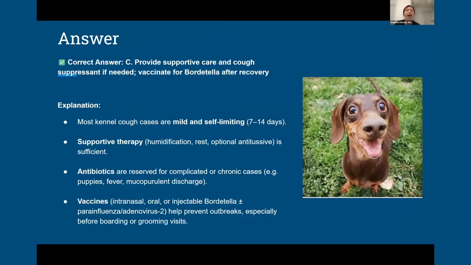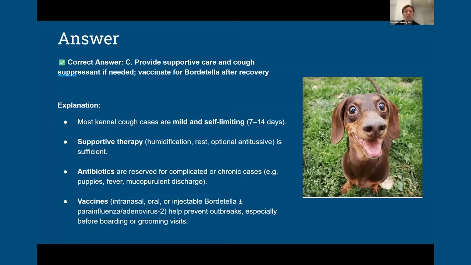As I just said, the correct answer here should be C: just provide some supportive care and cough suppressants if needed, and vaccinate for Bordetella after recovery. In this case, we have a young patient who's doing well otherwise, so it's going to be mild and self-limiting in 7 to 14 days.